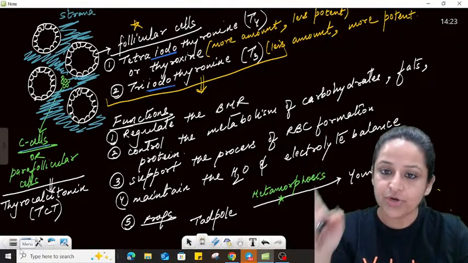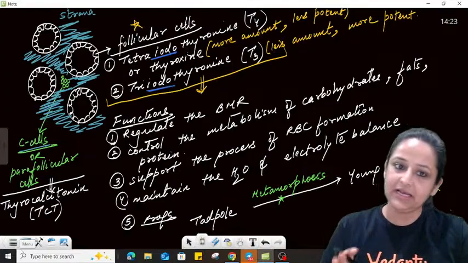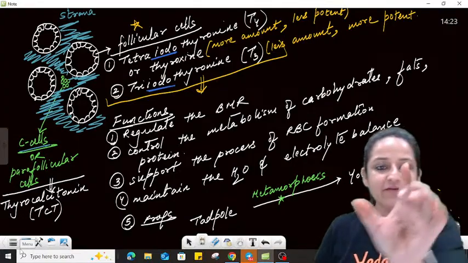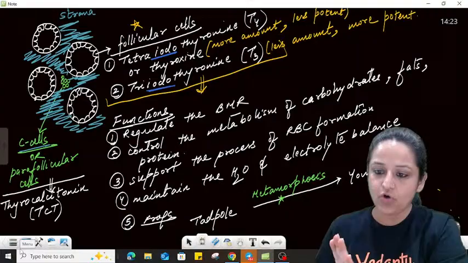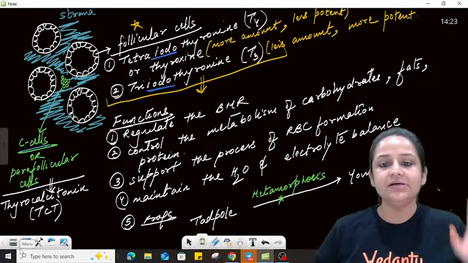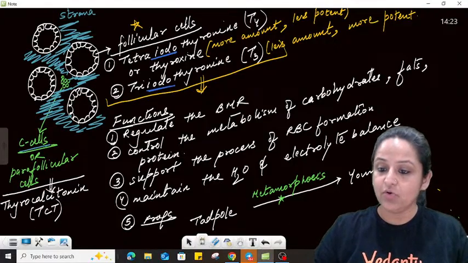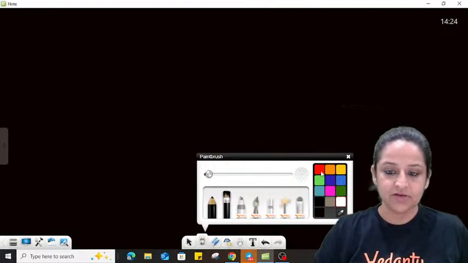Thyrocalcitonin is going to be associated with the regulation of calcium ions. So we have already discussed the T3, T4 hormones. Now I'll start the discussion of what the C cells and the TCT hormone are doing.